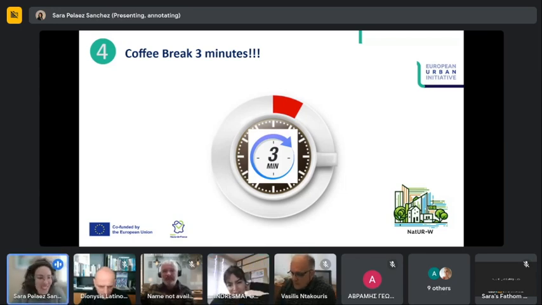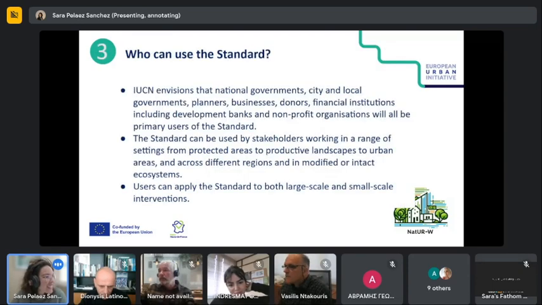Okay, perfect. Thank you. So, who can use the standard? IUCN envisioned that national governments, cities, local governments, planners, business, donors, financial institutions, I would say everyone involved in social and environmental projects, because at the end of the day, it's a tool to manage your project.